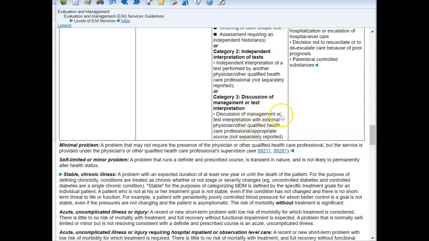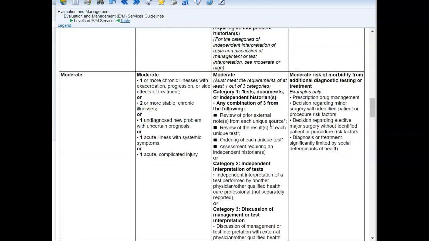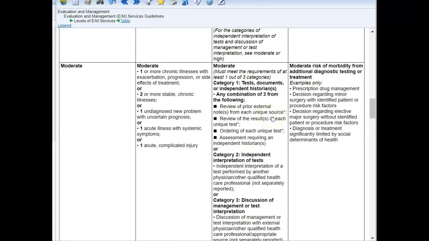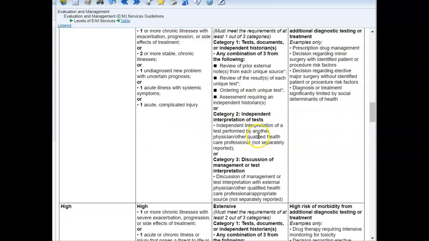Did they discuss the test interpretation with, let's say, another healthcare professional? Okay, so if we look at moderate, this would be anything from test documents, independent, a combination of 3 from the following. Did they review prior notes, review results of each unique test, order a unique test? Okay, so these are going to be moderate.